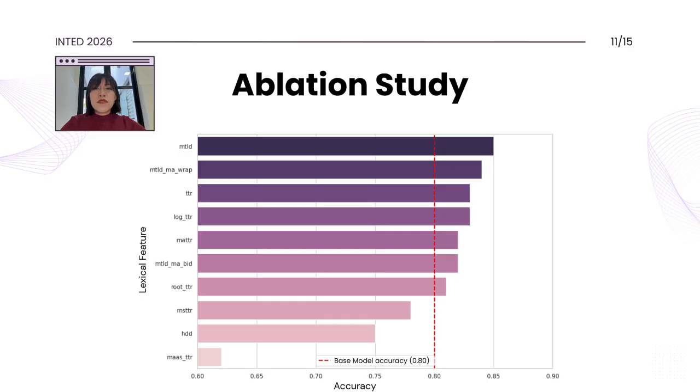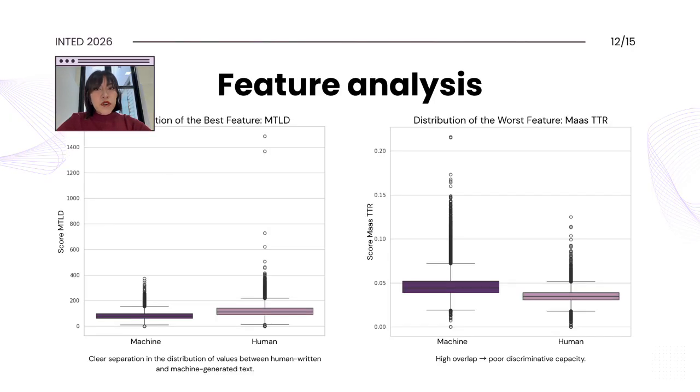We wanted to understand exactly which features were driving these results, so we ran an ablation study. As shown in the figure, MTLD provided the highest accuracy boost. However, not all features are beneficial. At the bottom, you can notice that mass TTR actually degraded performance compared to the baseline. But why did we get these results? On the left, the box plot for MTLD shows a clear statistical separation.